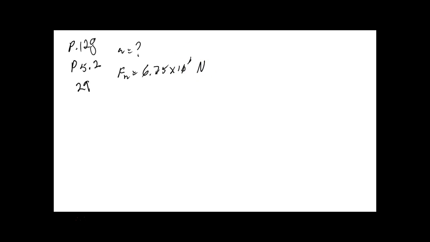On a rocket of mass, so the mass of the rocket is equal to 5.27 times 10 to the 5th kilograms, mass of the rocket. And what it's asking for is find the acceleration. All right. Now, how would you proceed?